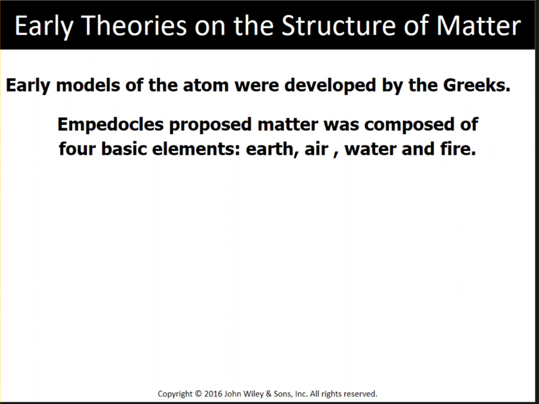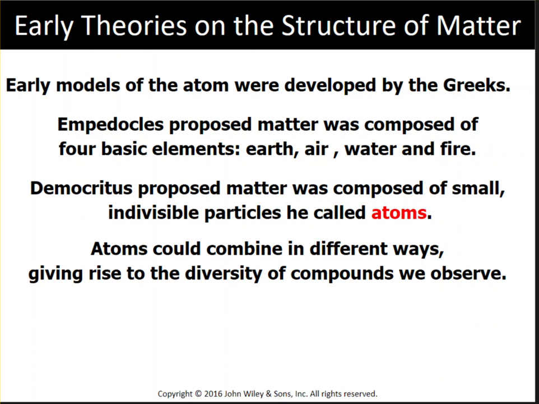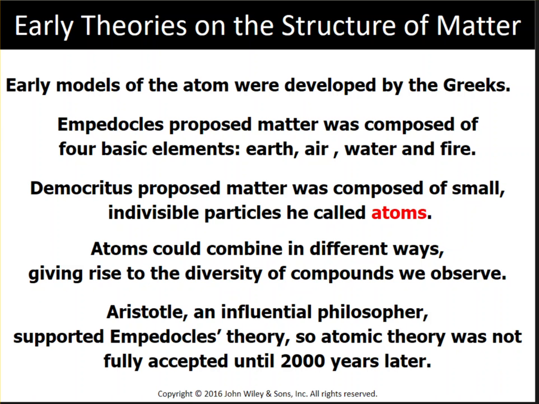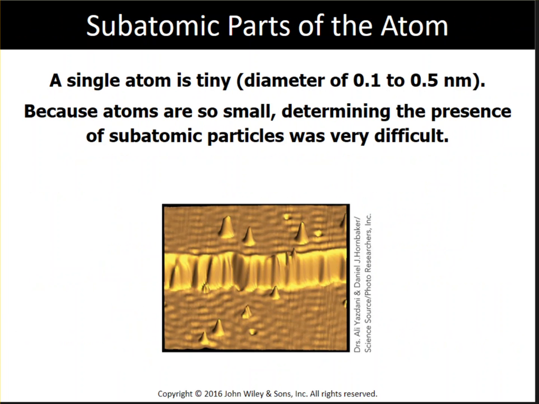So as we said, matter is composed of atoms. Atoms are the fundamental particle of the matter that cannot be broken into anything smaller. This also shows the picture of the atoms. This is the scanning electron microscopy picture of some atoms. And keep in mind that the atoms are extremely small.